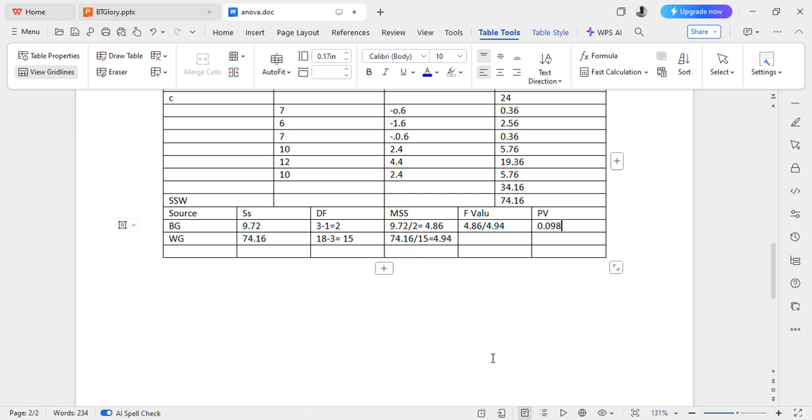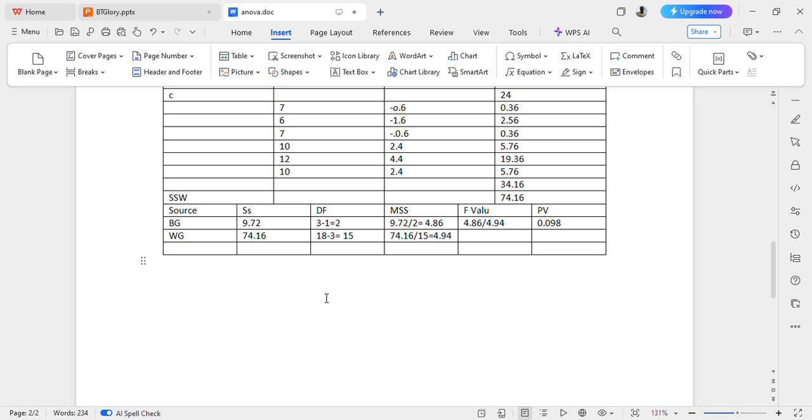Alright. So we now go to the F statistics, F table, so that we get the F critical. What is in the F critical? So F critical, our degree of freedom 1 versus degree of freedom 2. So this is the representation.